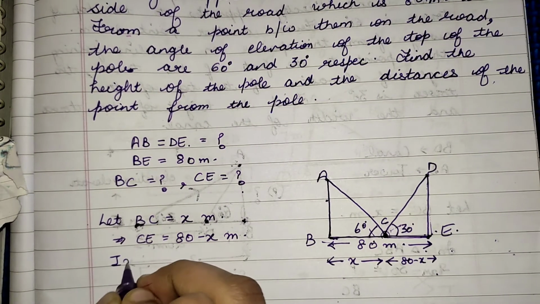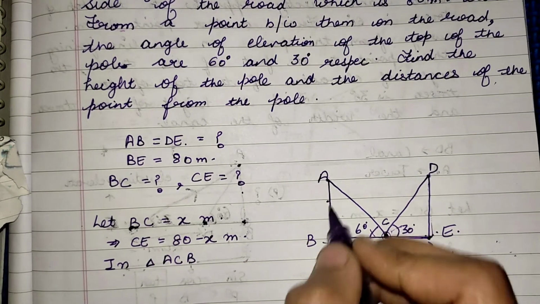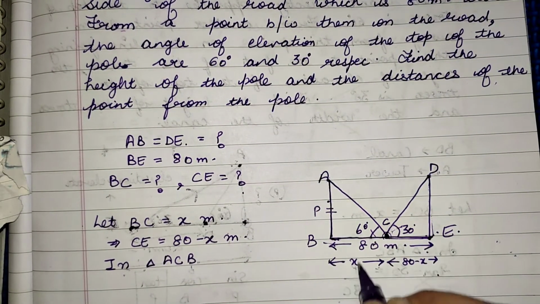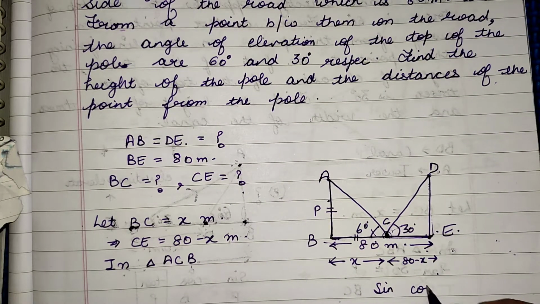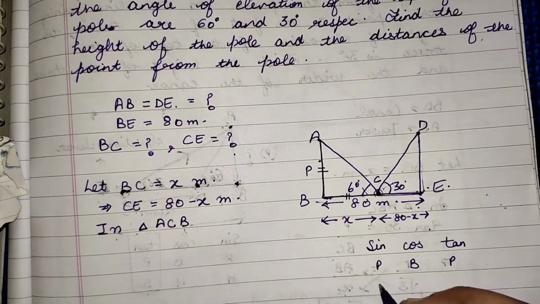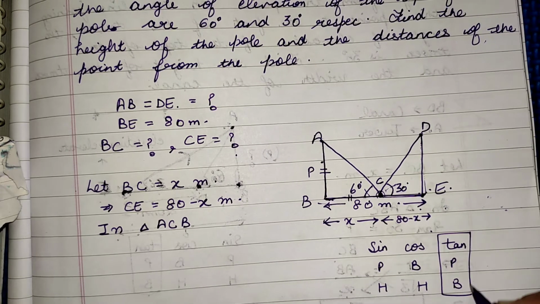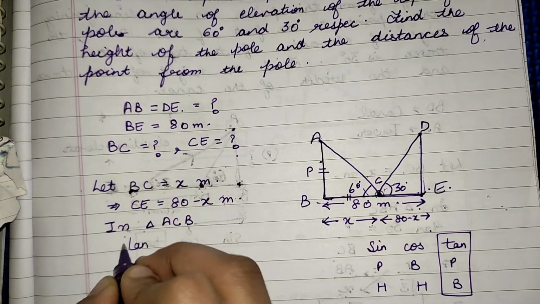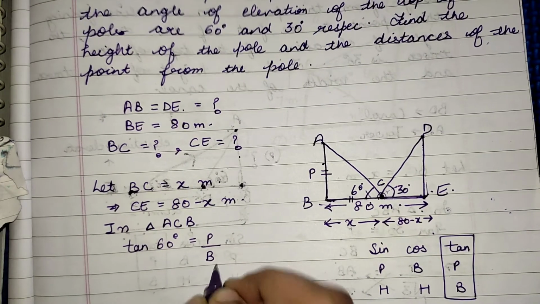So now in triangle ACB, this is the perpendicular and this is my base. So which trigonometric ratio gives the relation between perpendicular and the base? Let's check it out. The tangent gives us the relation: tan 60 degree is equal to perpendicular by base.